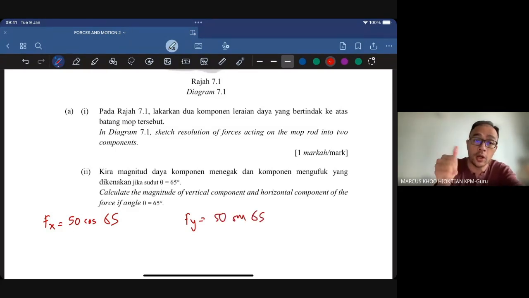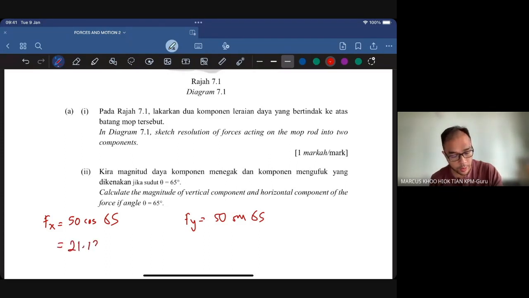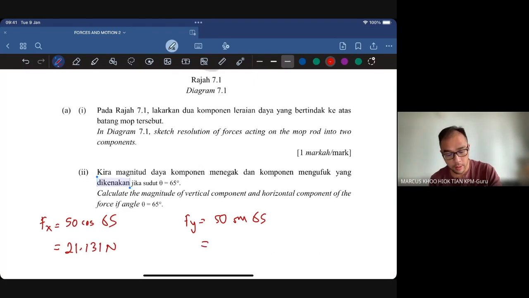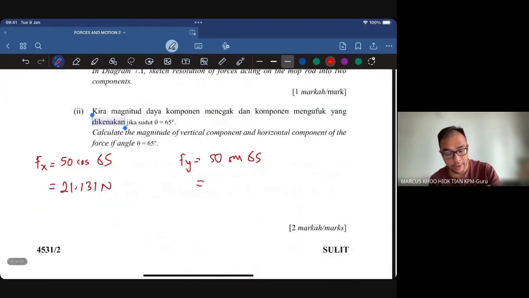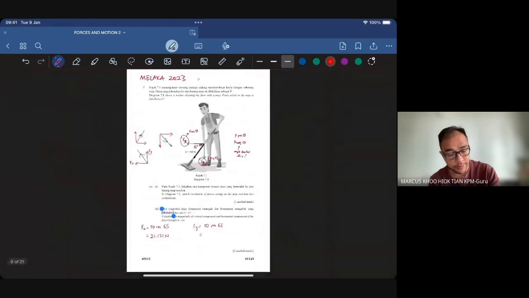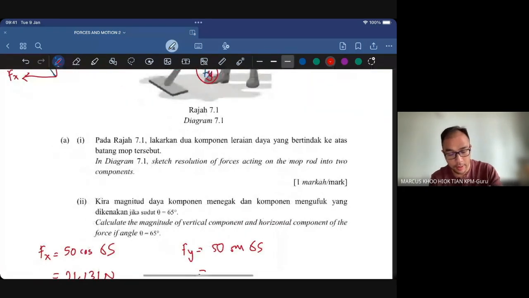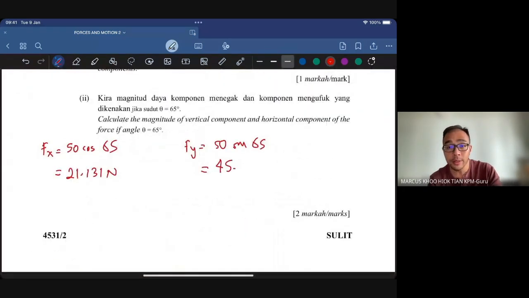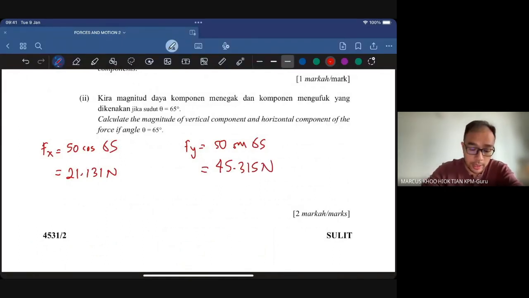There are only 2, cos and sin. So this one will give you the answer of 21.131 Newton, and Fy will be 45.315 Newton. More or less like that.